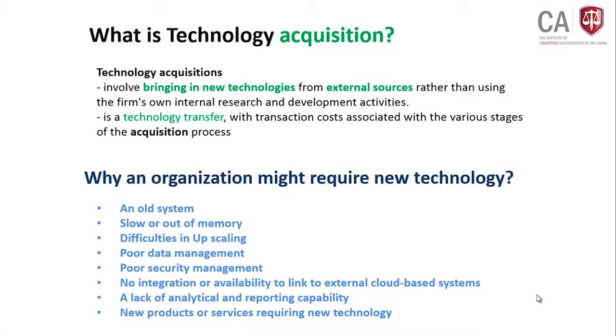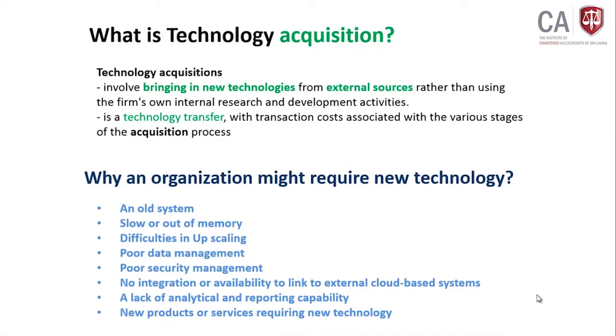So you are not going to do the research and development activities, you are going to purchase some research and development and embed it into the products you have in your company. That is called bringing new technologies into the organization from external sources. So there are two elements: external sources, and new technologies.